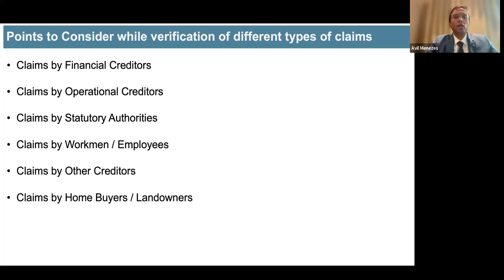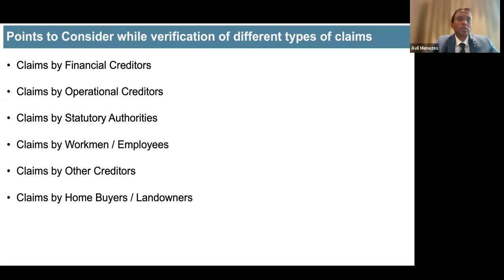So similarly, for workmen and employees, you will have to look at their entire dues, and the entire dues will have to be accepted. The only difference is that statutory payments will have to be very clearly bifurcated. Whenever you are looking at an employee or workman claim, always have extra columns to look at the amount classified as PF and gratuity, because that is something which will have to be paid during a CIRP period.